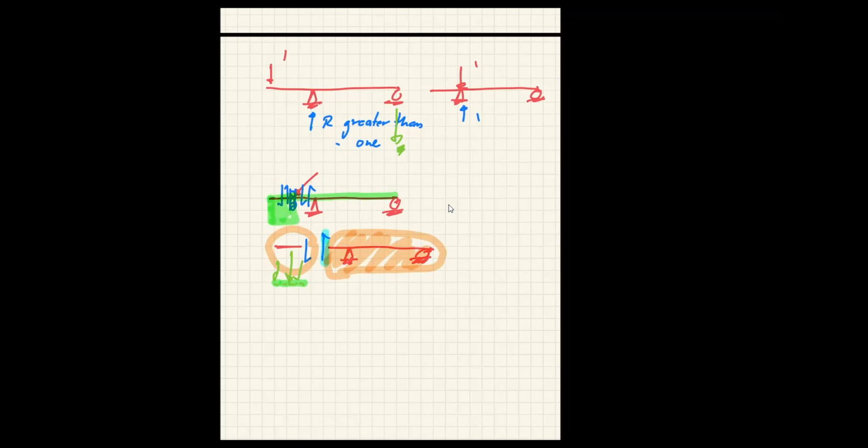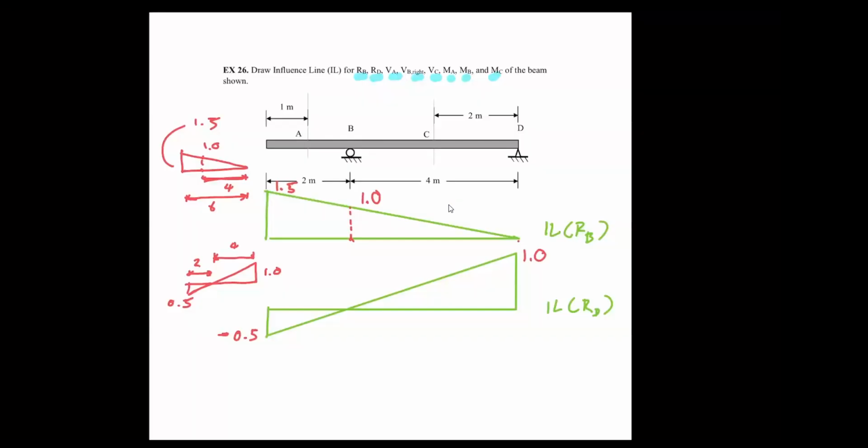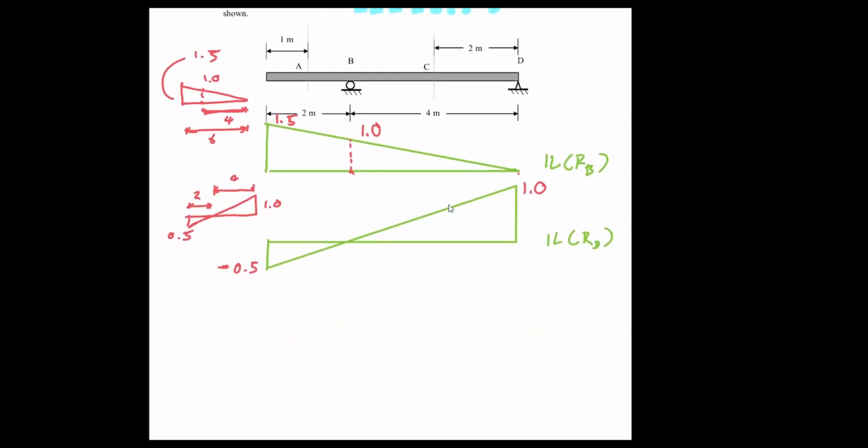So let us come back to our drawing board here.